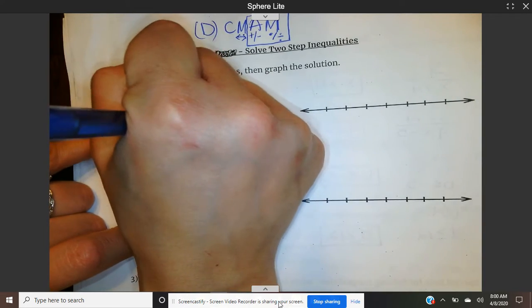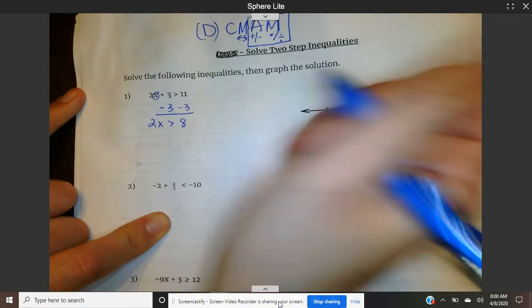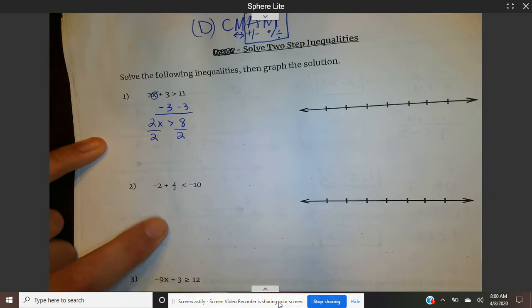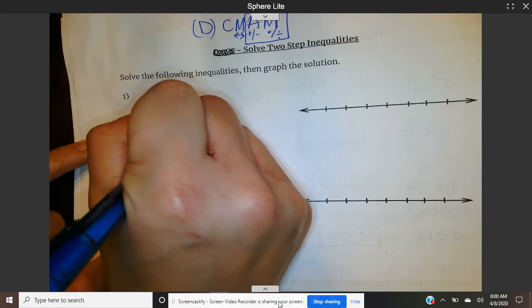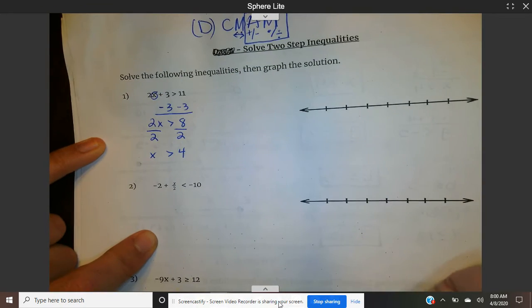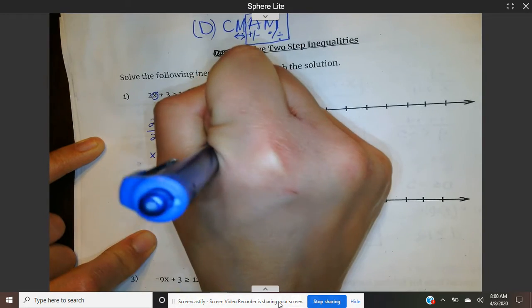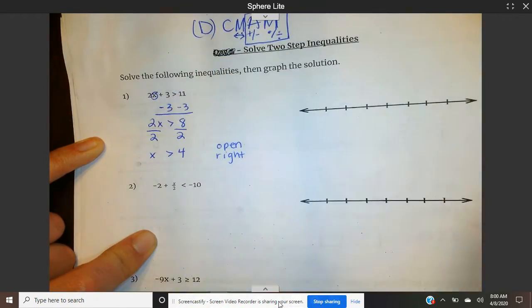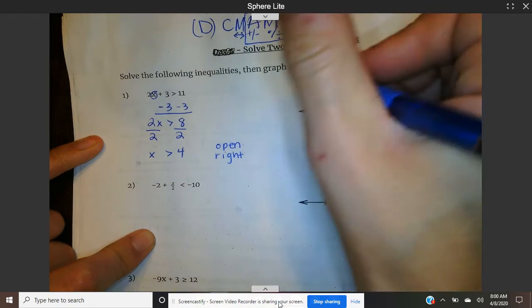So 2x is greater than 8. And then I multiply or divide. So x is greater than 4. Okay, so this is going to be open and going to the right if I graph it.